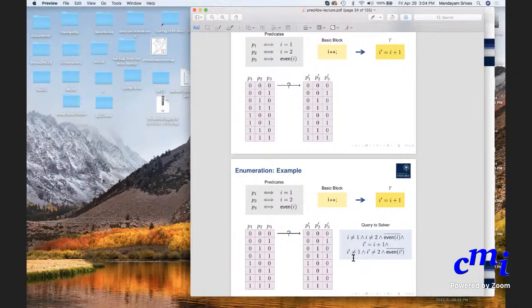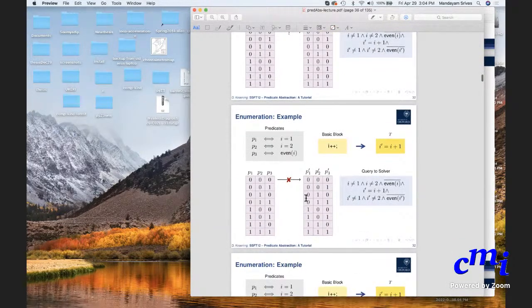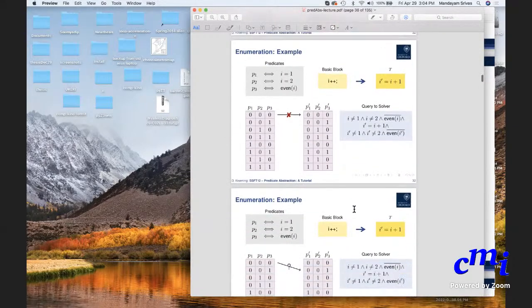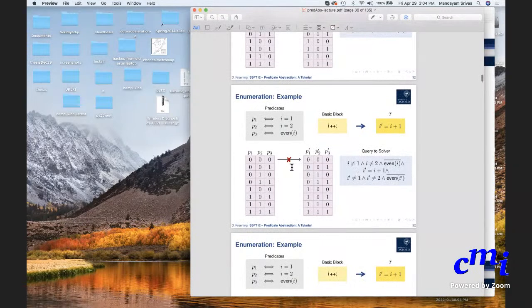If it says it is satisfiable, then you know that the transition is possible. If it is unsat, then it is not possible. That's how you will do it. So if it's unsat, you don't have to include a transition.